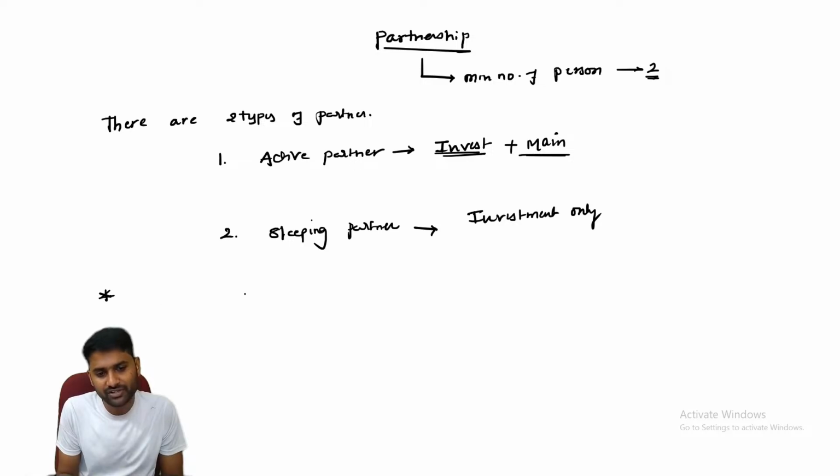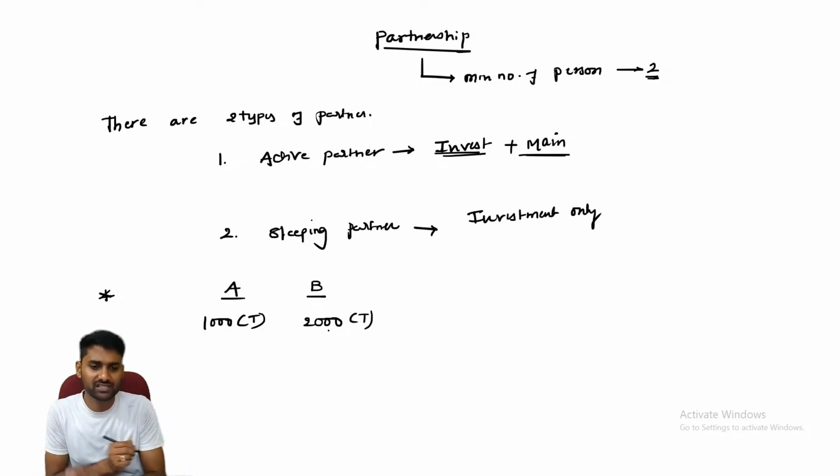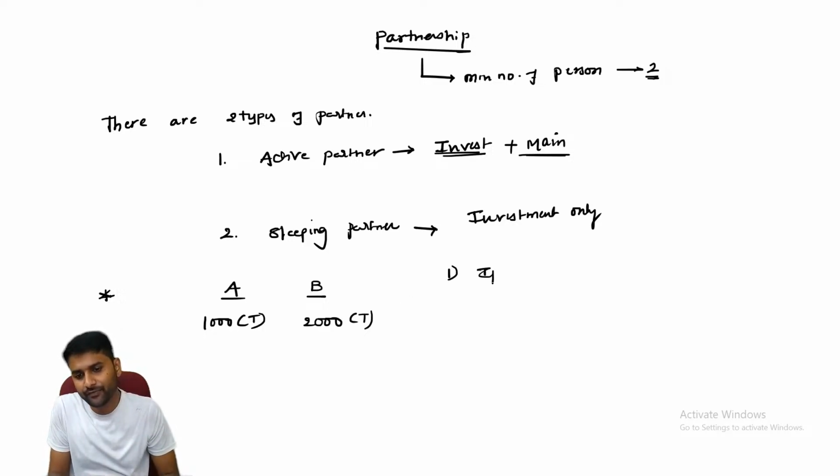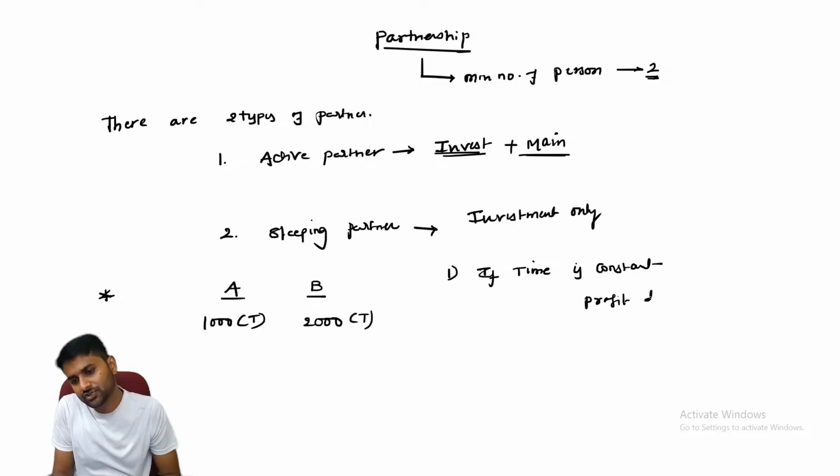Let's take some information. See, there are two persons, A and B. If A invests 1,000 rupees and B invests 2,000 rupees, and A's invested time is T and B's invested duration is the same, now if you observe the profit distribution, guys, if time is constant, profit depends on investment only.